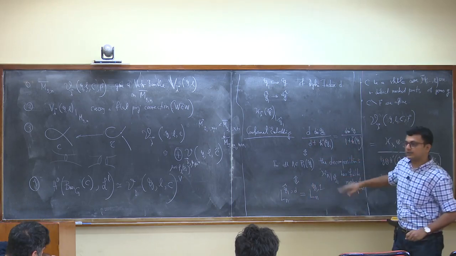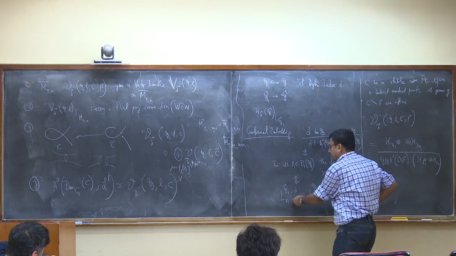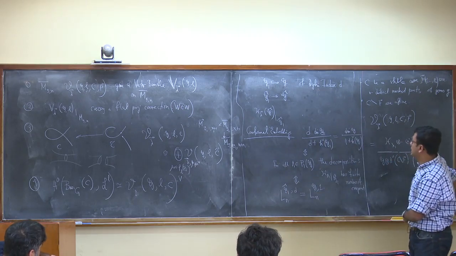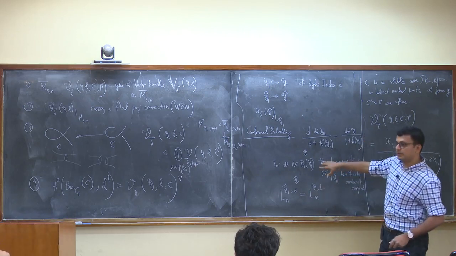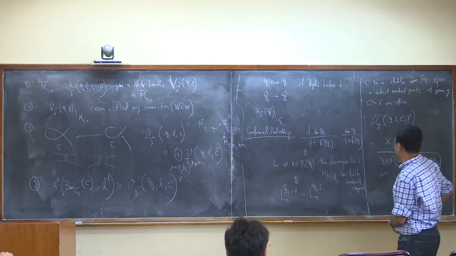So these are all equivalent statements. The central charges are getting controlled, and that is enough to control the Lie algebra, and that is enough to control the decomposition.